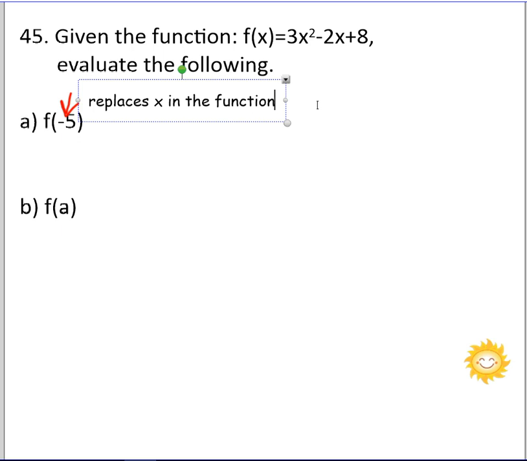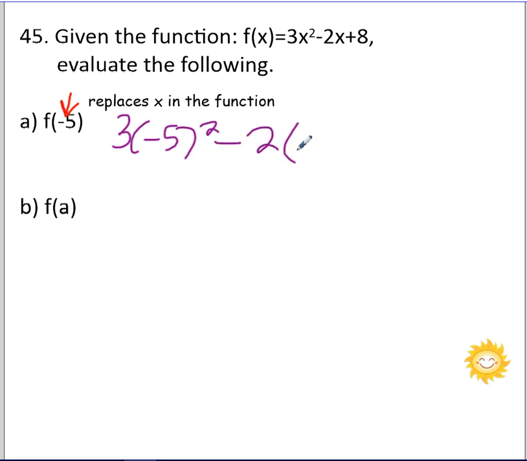That's all it's doing. And so they're telling us to evaluate for x equals negative 5. And so we'll have 3 times negative 5 squared minus 2 times negative 5 plus 8.